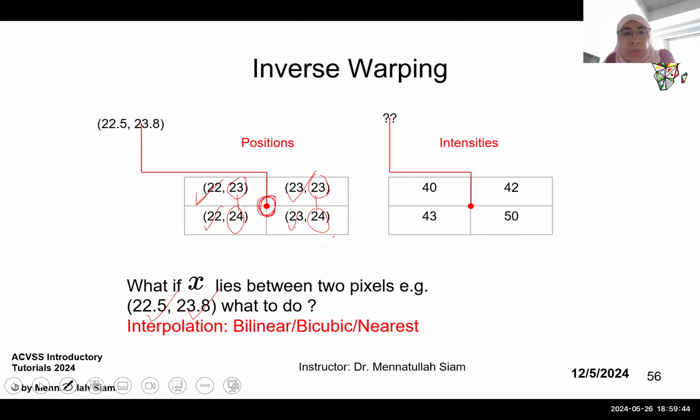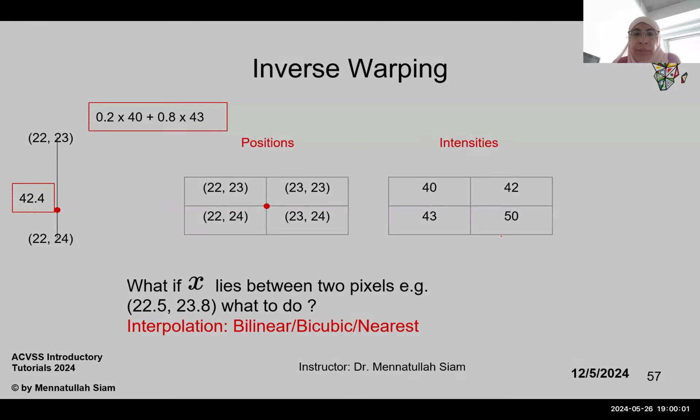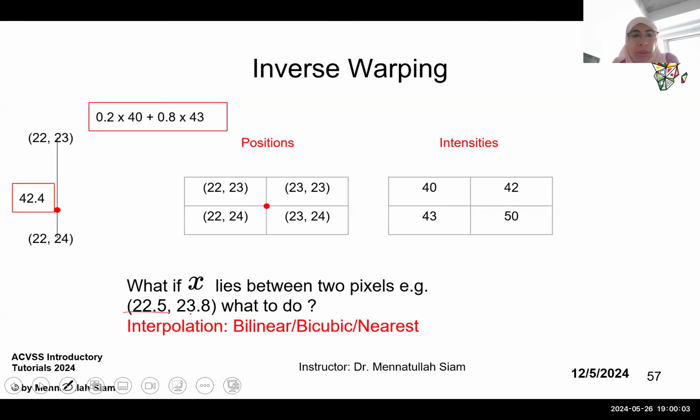Now I'm doing the subpixel computation, because it's in between pixels. I will show you how to compute the final intensity of this in-between pixel.